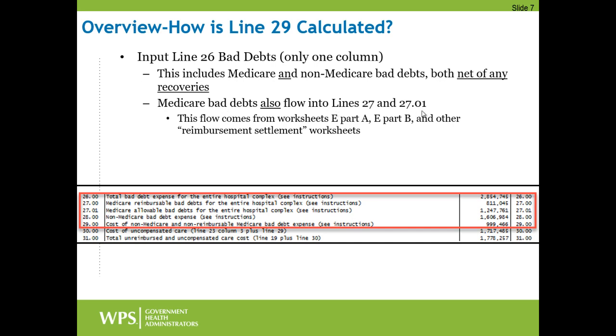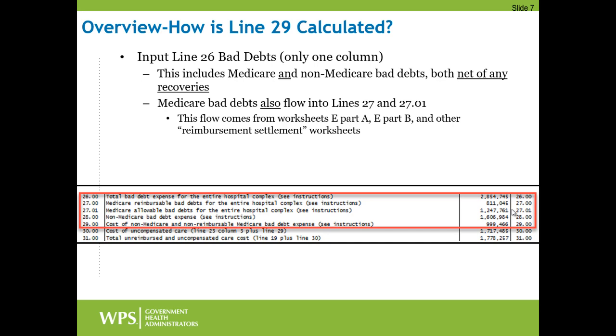Line 27 and line 27.01 bring in those amounts from the other worksheets, again, E Part A or E Part B, etc. They flow in there to do the calculation below, because yes, you're reporting the total amount in line 26, but the portion that you've already been reimbursed for through Medicare on E Part A or whatever, that portion is going to be carved out.